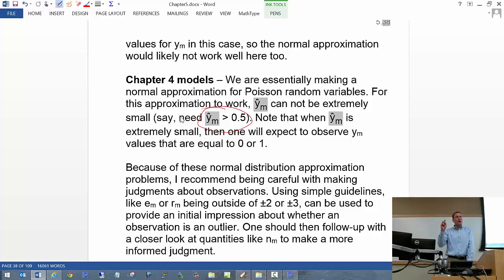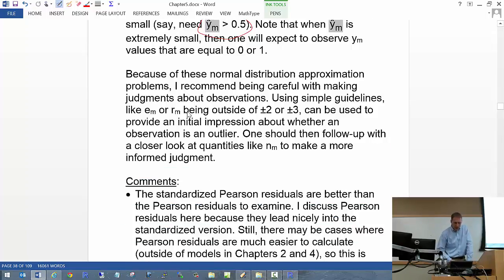I mean, you're still using a continuous distribution to approximate a discrete distribution, but the approximation is typically better unless you have an extremely low y hat. As I say here, and you'll see this in some plots that I do, I will typically put lines on the plots at ±2, ±3 to help me make an initial judgment.